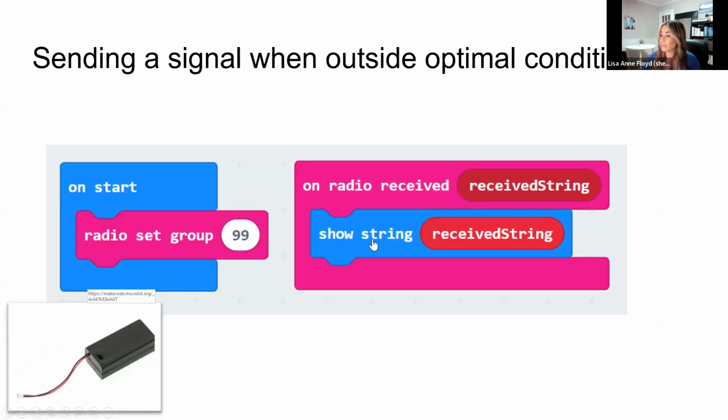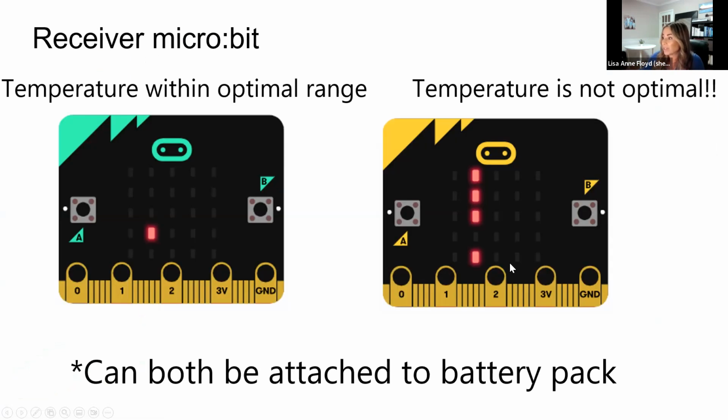So the microbit that's receiving is just going to show the string it receives. If it's suboptimal conditions, you'll see the exclamation point. If it's a good temperature, then it will have just a little dot. And both can be attached to a battery pack because we're not collecting data in the live data area, the data logger.